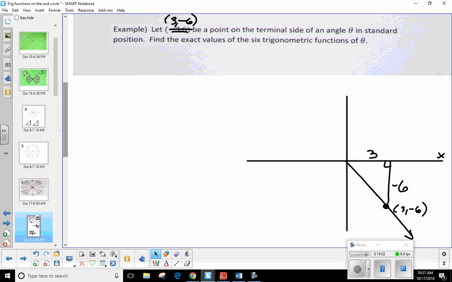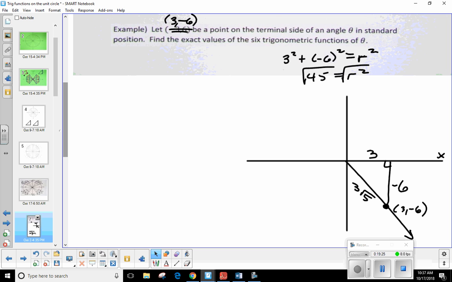Perfect. Yes. It is 3 square roots of 5. Now, if you're not seeing that, let me just run through. 3 squared plus -6 squared is equal to the radius squared. So 9 plus 36 will give me 45 is equal to r squared. So I've got to take the square root.